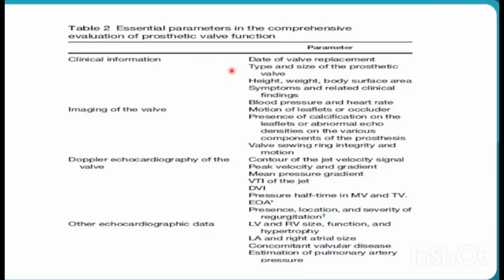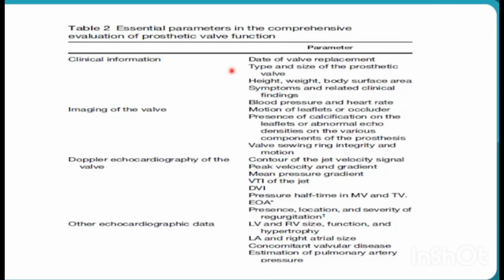The blood pressure and heart rate play an important role in interpreting the Doppler indices. If the heart rate is very fast, and at that point of time we are using the Doppler parameters, then there can be minor errors, so they should always be known.